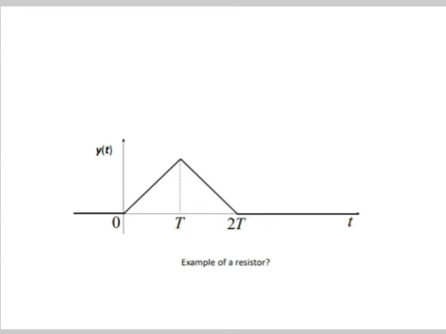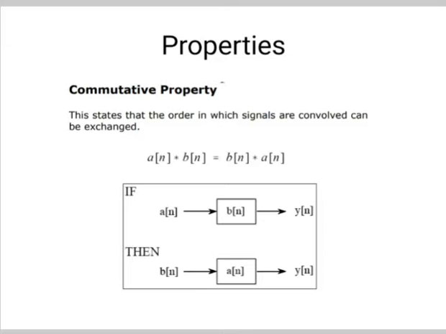The LTI system can be characterized completely by its impulse response, so the properties can also be characterized by the impulse response. The first is the commutative property. A property of convolution, in both continuous and discrete time, is that it is a commutative operation. This commutative property states that the order in which signals are convolved can be exchanged.